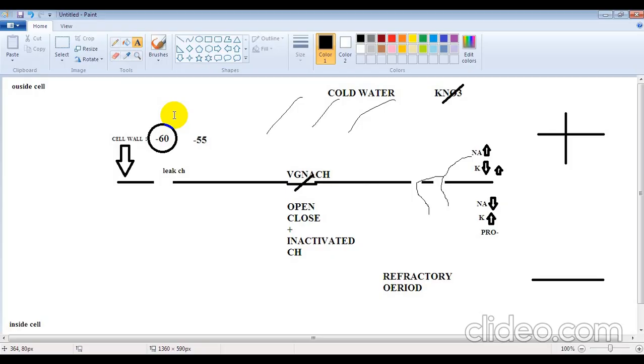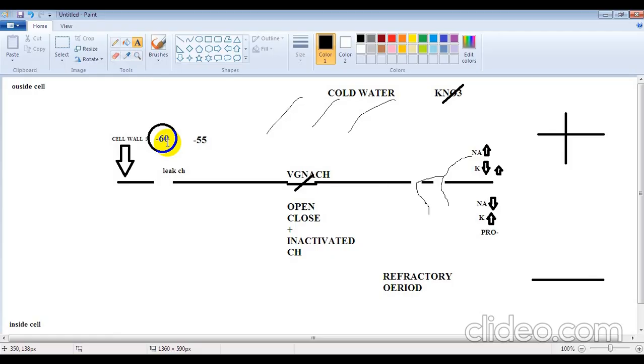The answer is this: when the potential rises to minus 60 millivolts, the channel interprets this as if it has already been activated before.